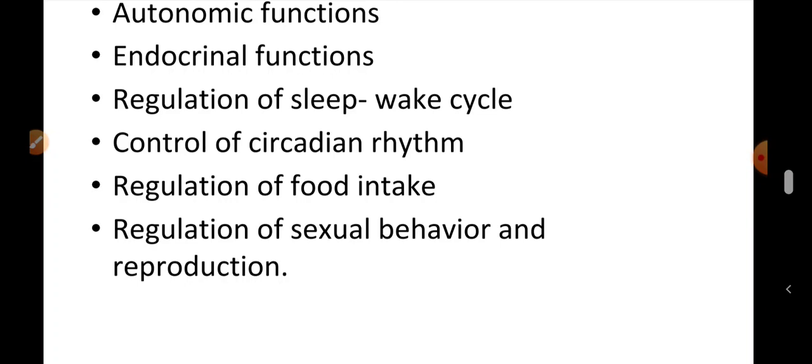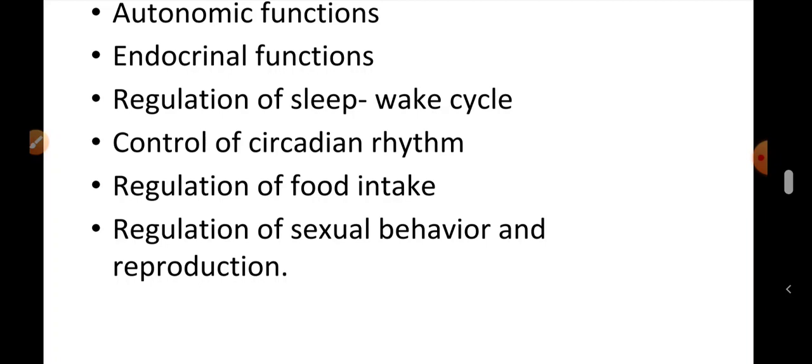Hypothalamus also has a role in the regulation of sexual behavior and reproduction. In animals, the hypothalamus plays an important role in maintaining sexual function, especially in females. A decorticate female animal will have a regular oestrous cycle provided the hypothalamus is intact.